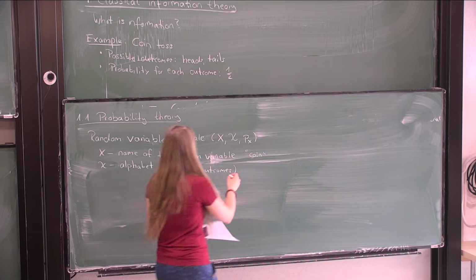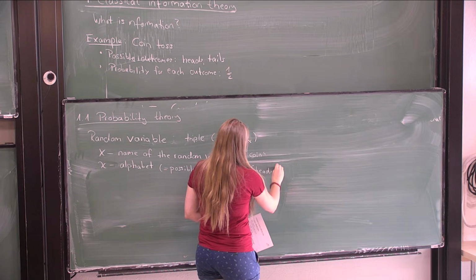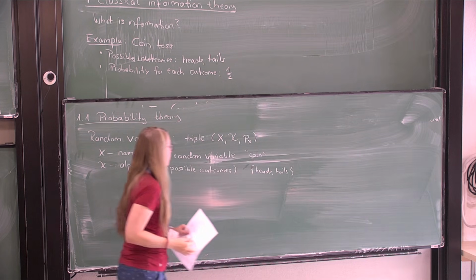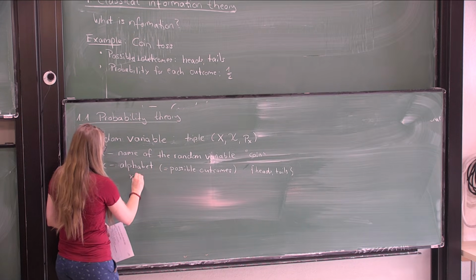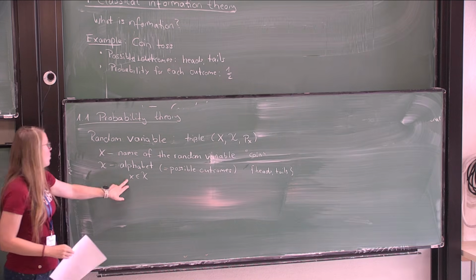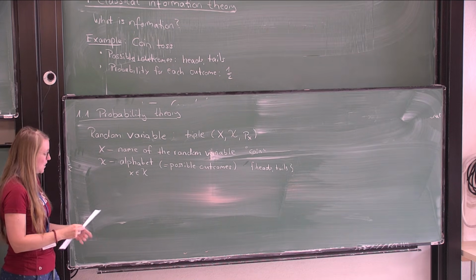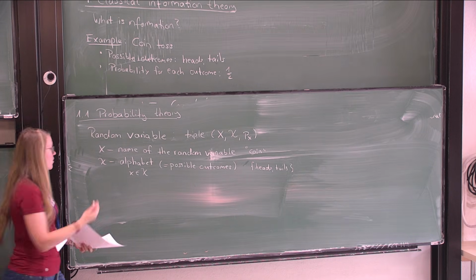For example, my example was heads and tails. And for an element of this set, I have a little x, a small x as opposed to the capital X. I just hope it's clear from context always. So one element of this alphabet I also call a realization of the random variable.